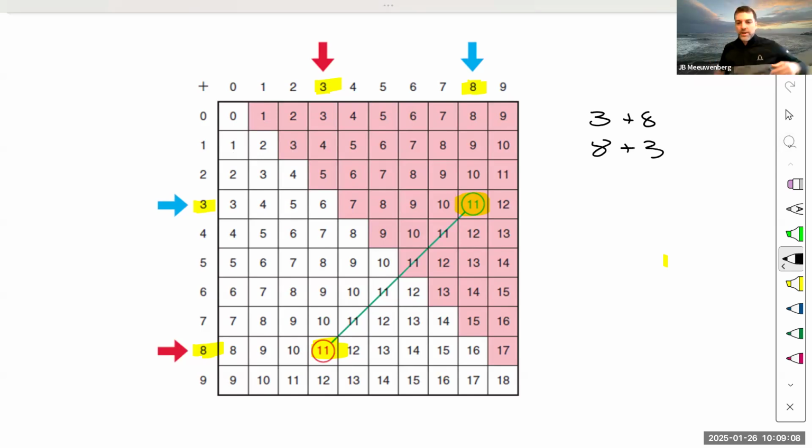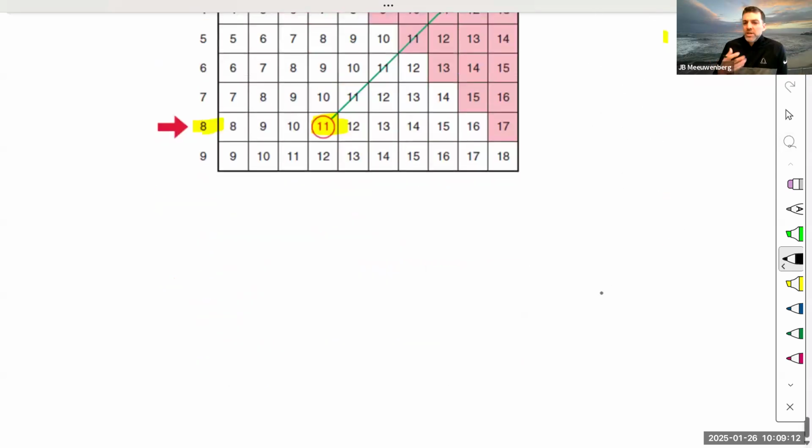There was really powerful research done about students who developed good number sense at a young age. If you consider students who might have to add 3 plus 8, these researchers found that there were really 4 strategies that students used.